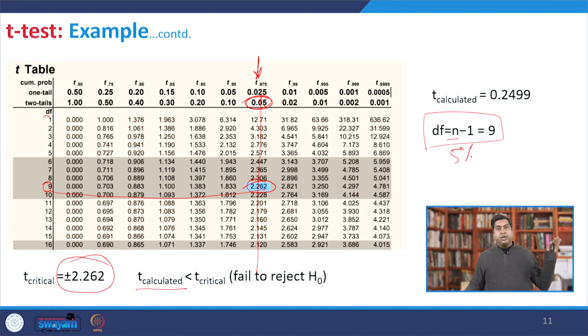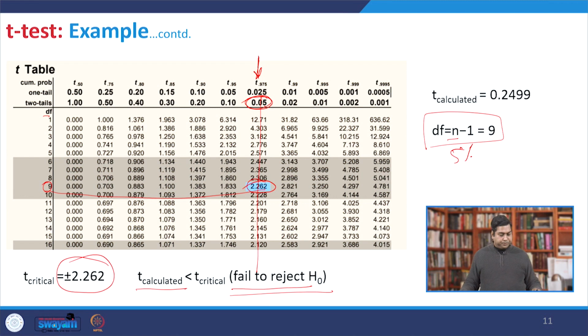If you recall our hypothesis testing discussion in terms of critical value comparison, if your calculated value is less than the critical value, we cannot reject the null hypothesis. That is why it is failing to reject the null hypothesis.